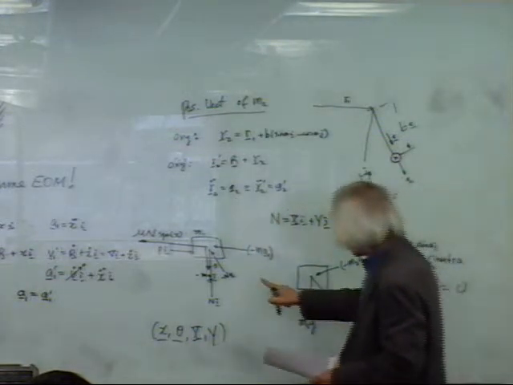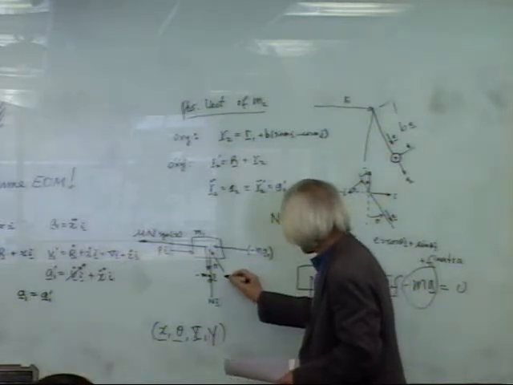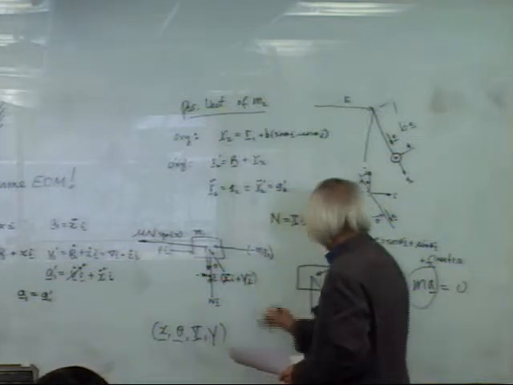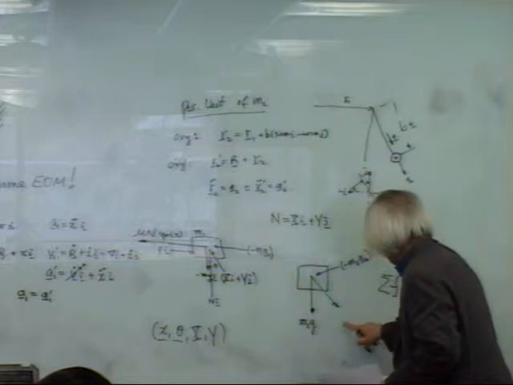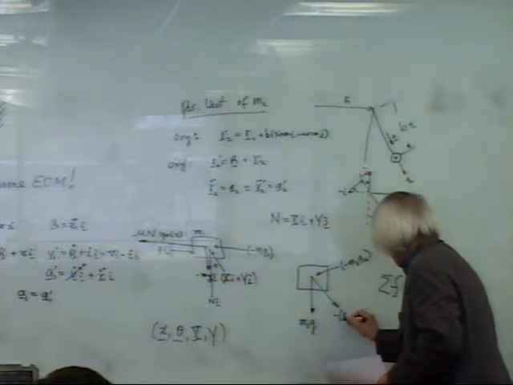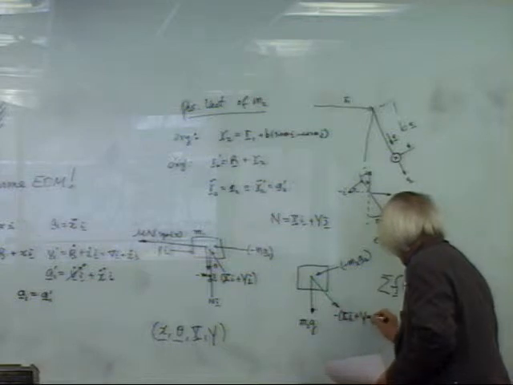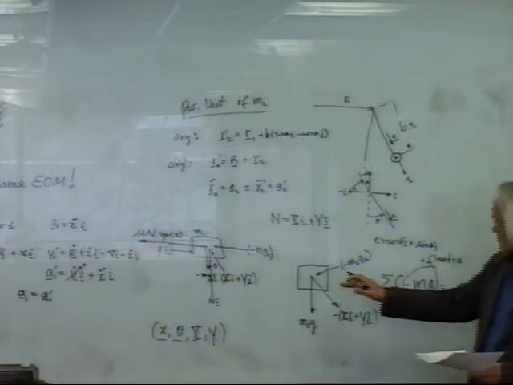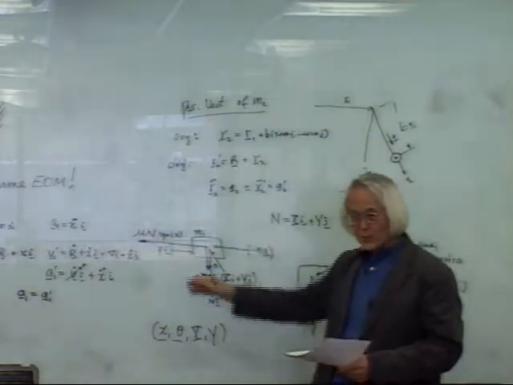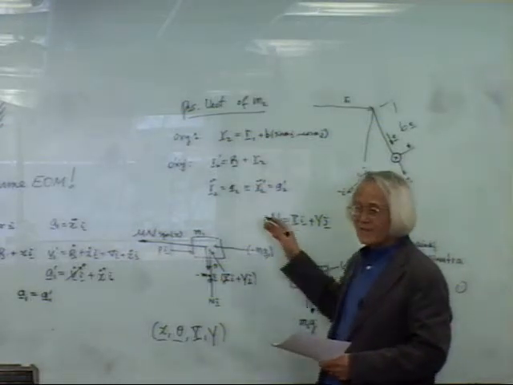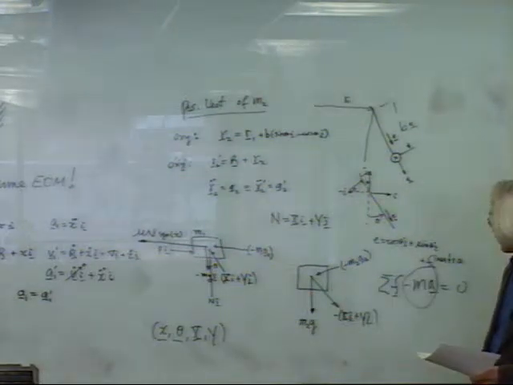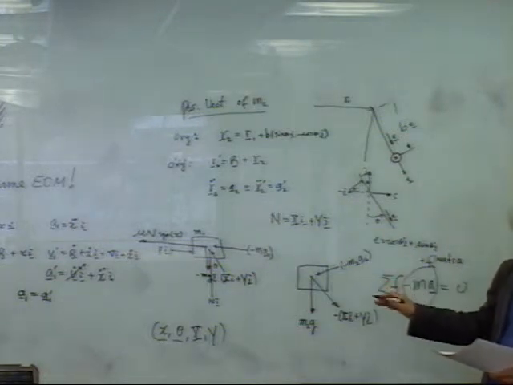So instead of doing this, I could have easily said xi plus yj, and here, minus xi plus yj. You know how to sum the forces, right? That, at least, I don't have to do, right? So you will have 2 equations and 2 equations. Okay? It's very important you use a vectorial concept.